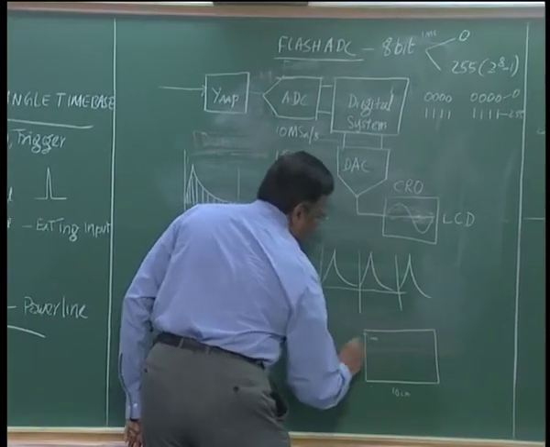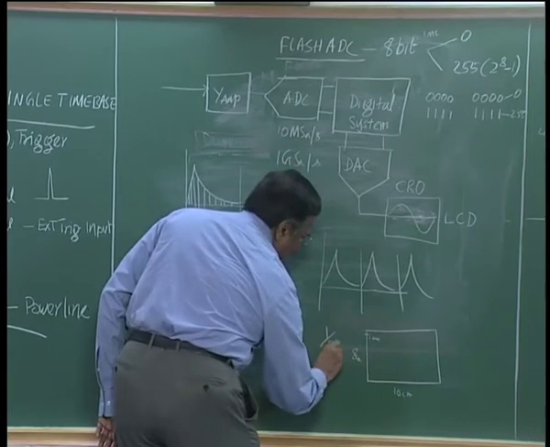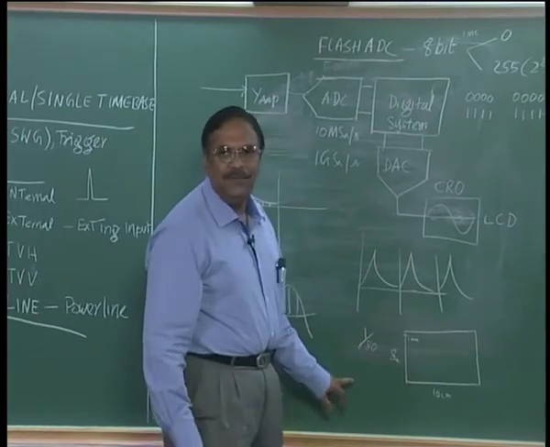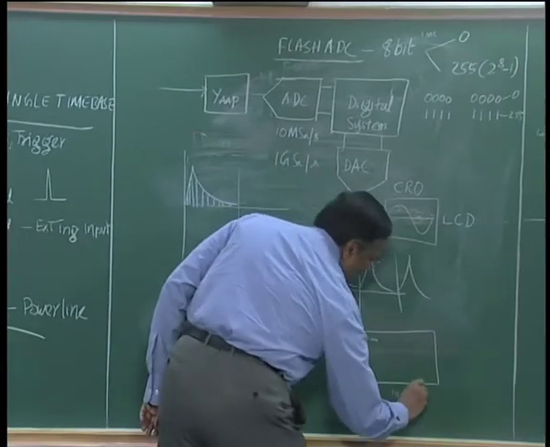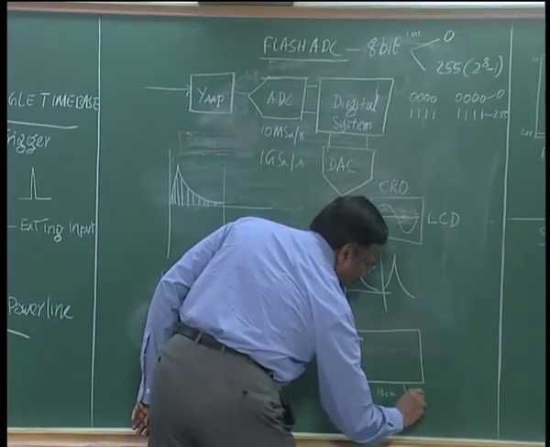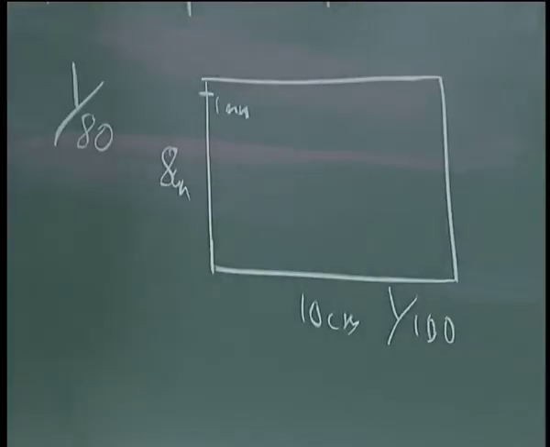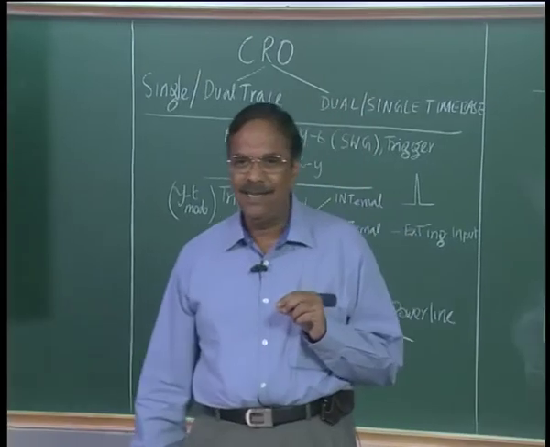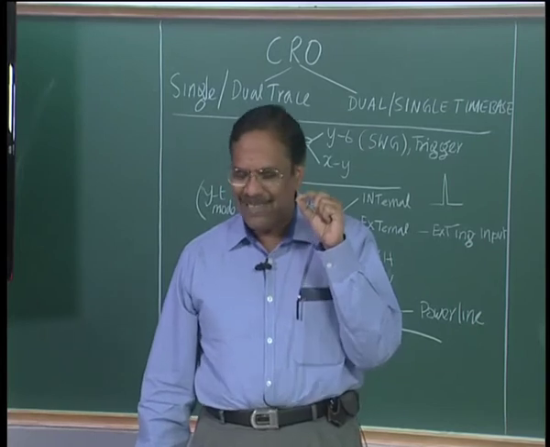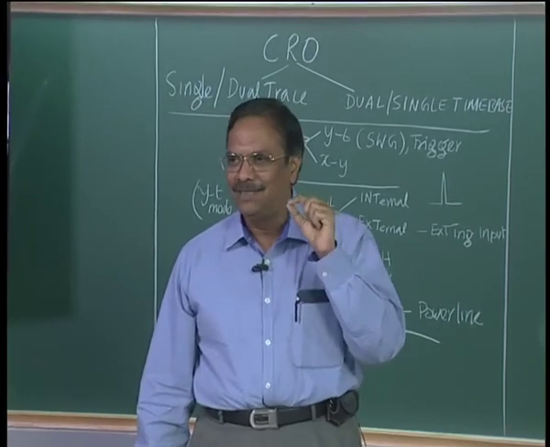So the resolution is 1 by 80 on the vertical side and 1 by 100 on the horizontal side. Even if you think that you can measure less than 1 millimeter, maybe our eyes can resolve about 300 micrometer, one dot.